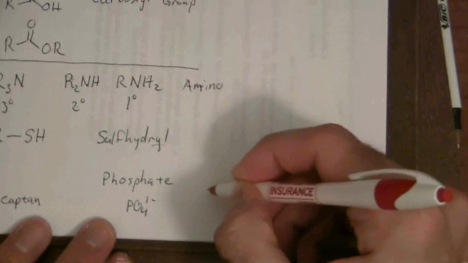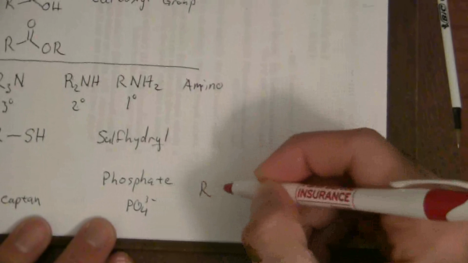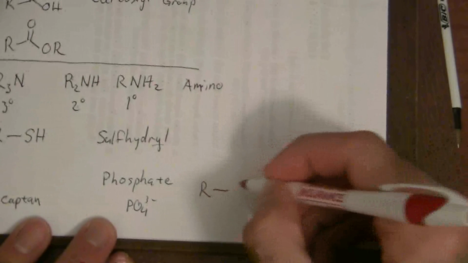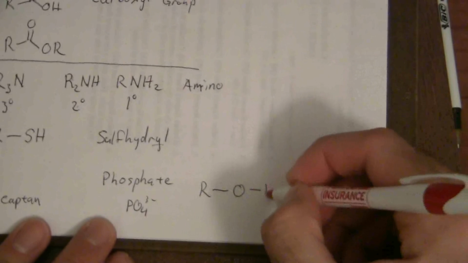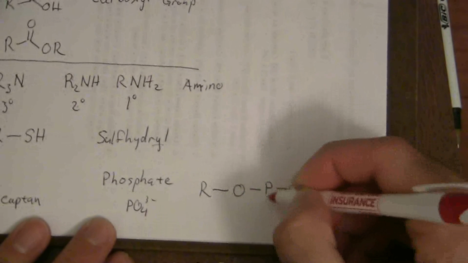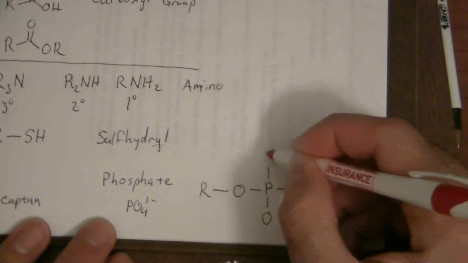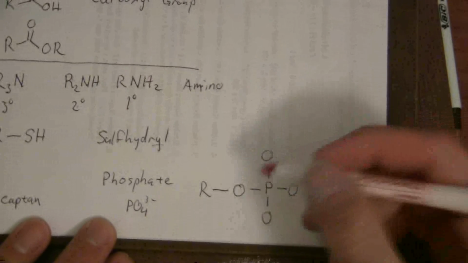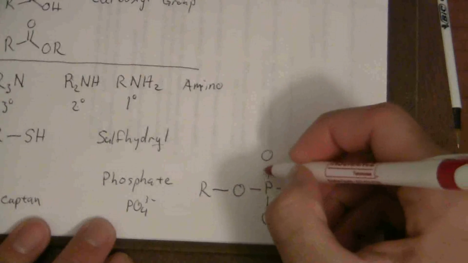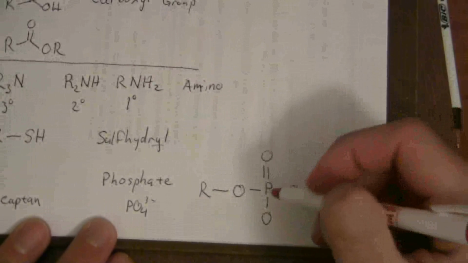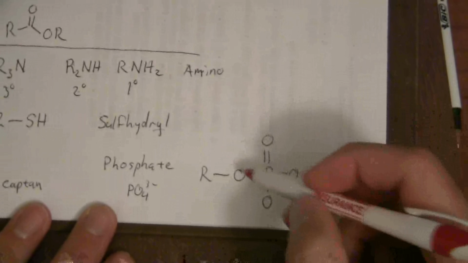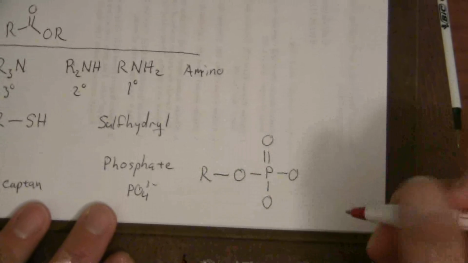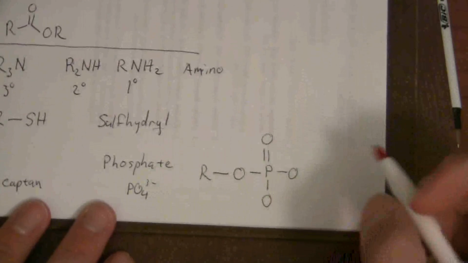And what it looks like is, you would have your R group, and then the phosphate. There's your oxygen, and then you have phosphorus. It has 4 oxygens, looking something like this. And if you were to draw the complete Lewis structure, you would find that there's a double bond to one of those, and it's only the other 3 that form the charges.